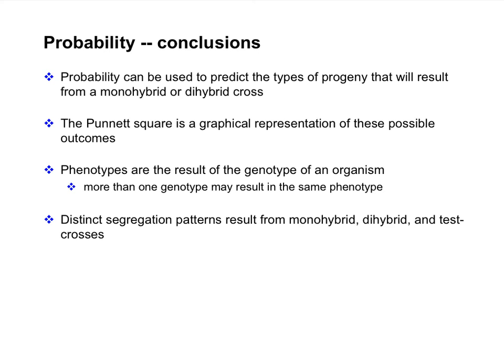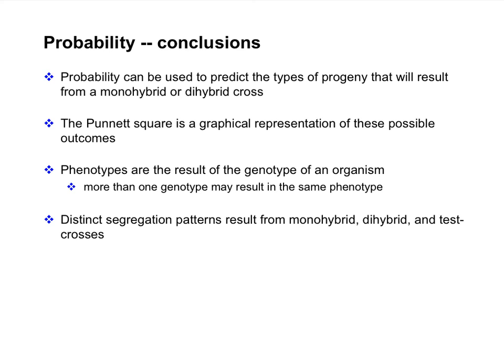The phenotypes are the result of the genotype in the organism. So remember that more than one genotype can give you the same phenotype. It doesn't matter if it's heterozygous or homozygous. And distinct segregation patterns result from monohybrid, dihybrid, and test crosses. So you get specific patterns, like that 9 to 3 to 3 to 1 ratio.